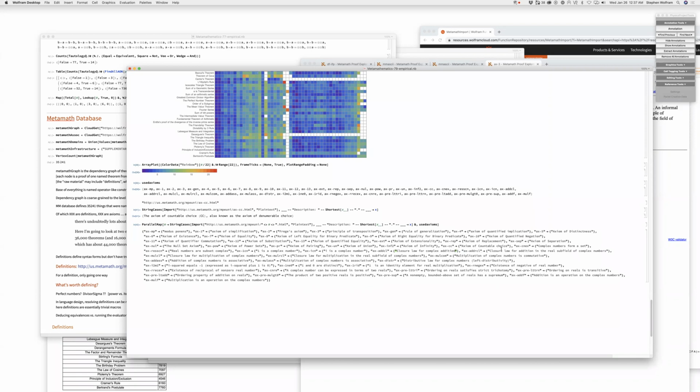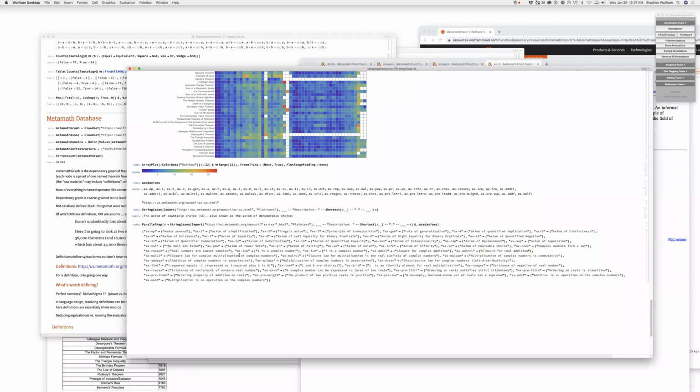Here, let's see, closure law. Closure law for real addition. Closure law for complex multiplication. Maybe we should just say closure for complex addition. Closure for real addition.